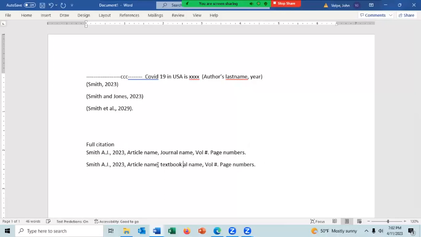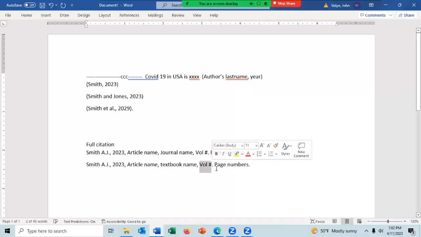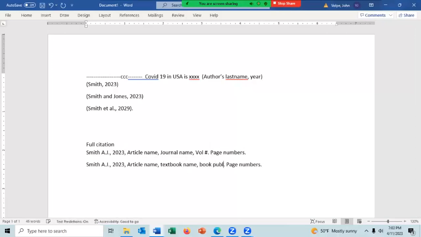Book name, the book publisher, and before that, you should give the book editor, the book publisher, and then the city of publication. If there's more than one city, you just need to give the first one.